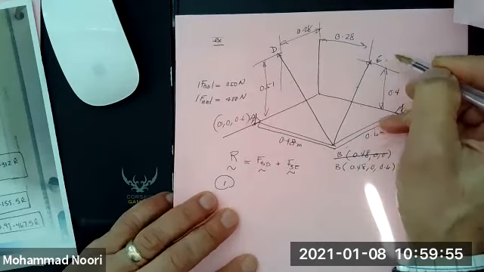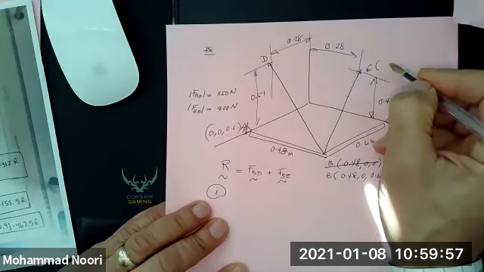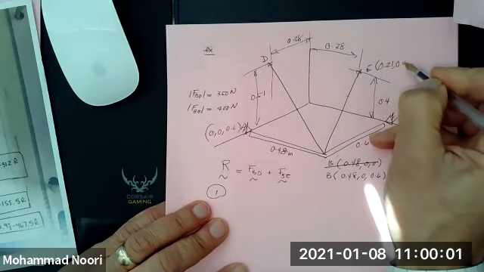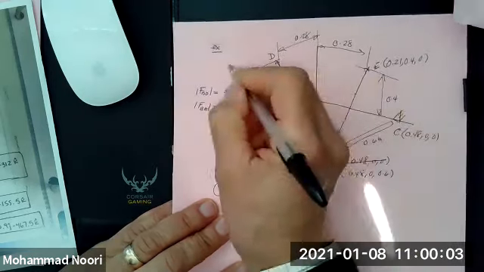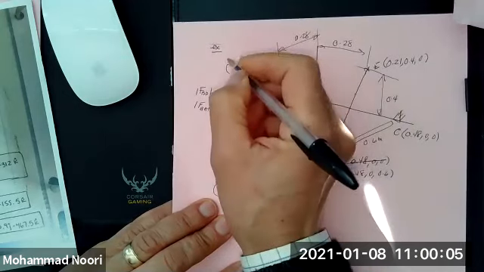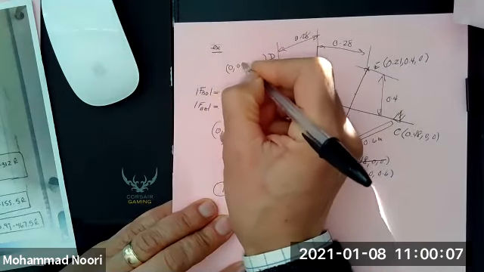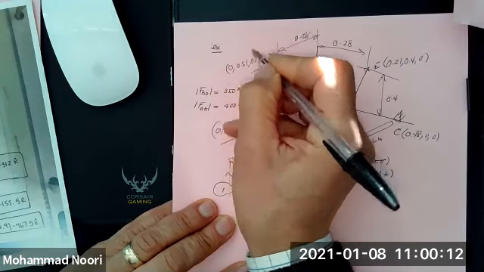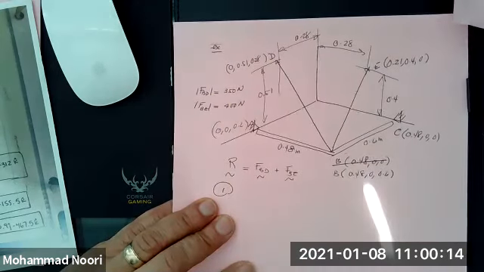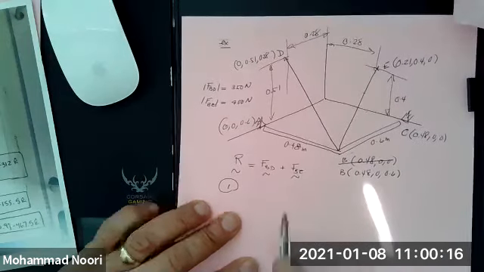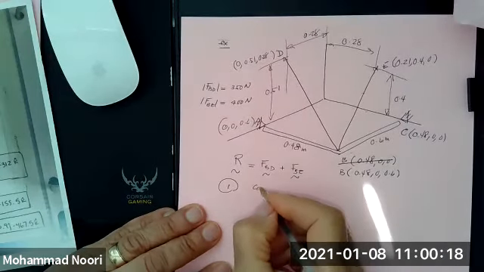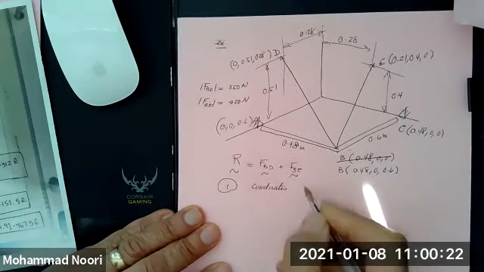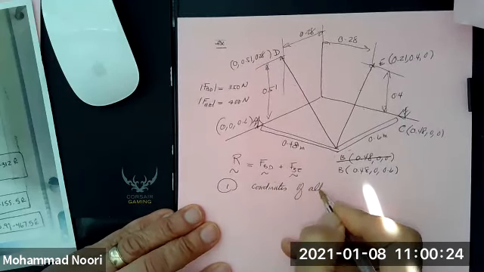Point E would be 0.21, 0.40, and point D has the coordinates of 0.51 and 0.28. So at least I finished the first part, which I called the first step.